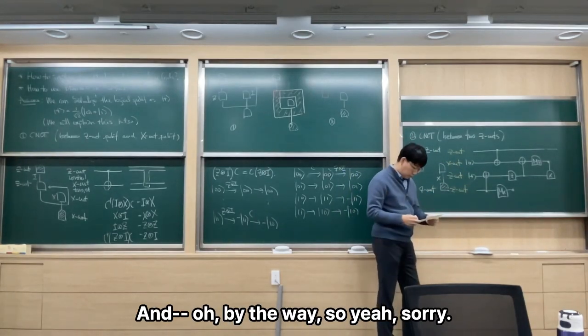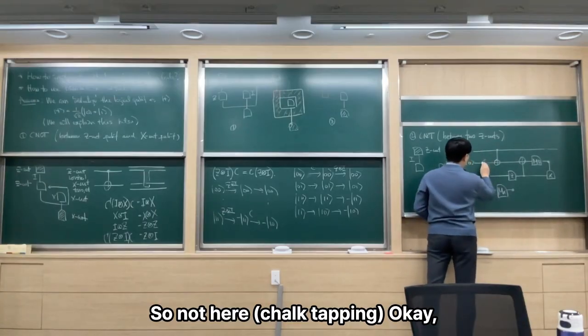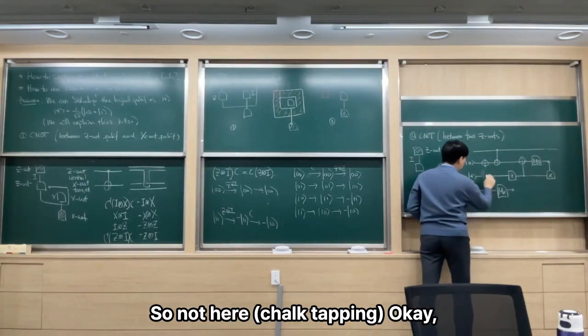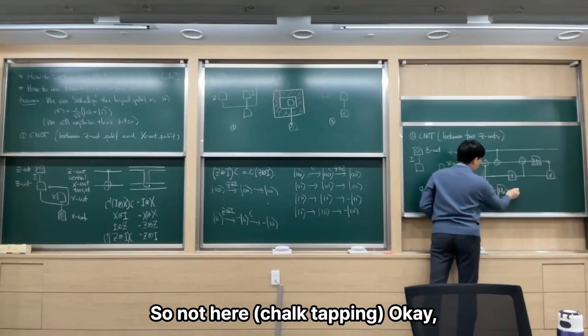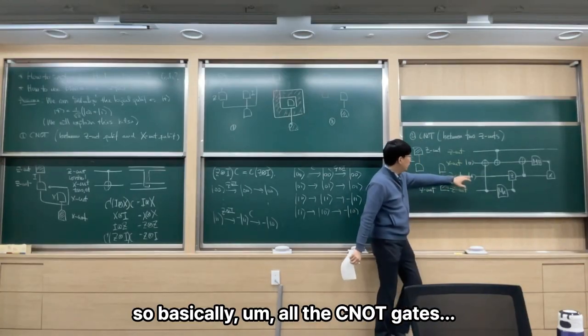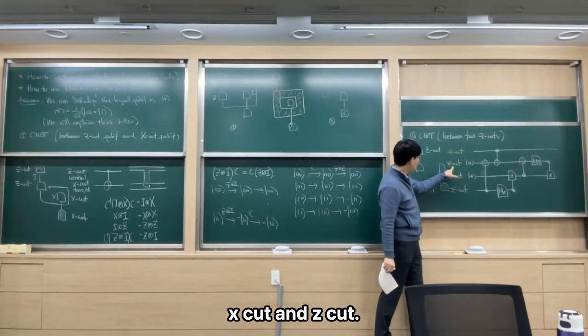Basically, there are 3 CNOT gates, and all of them are in between an X cut and a Z cut.